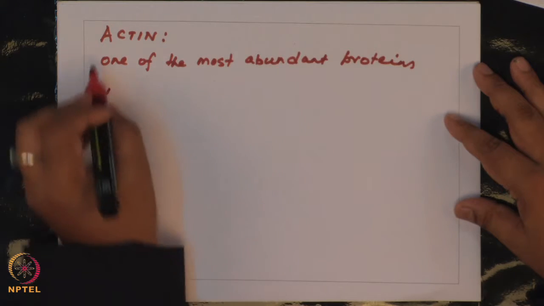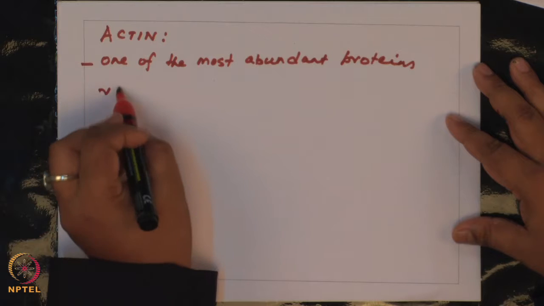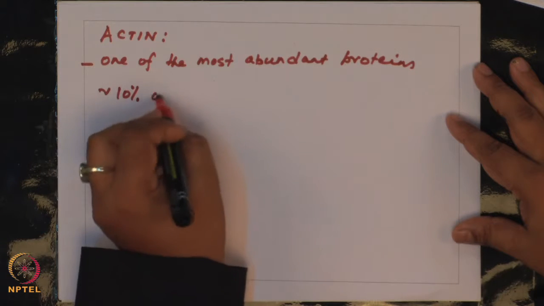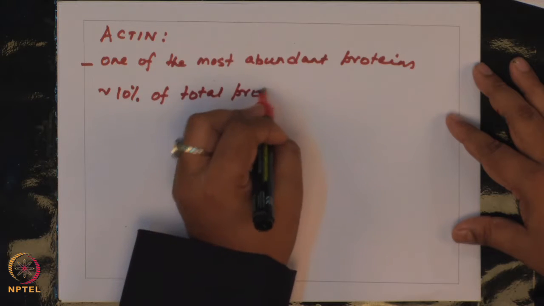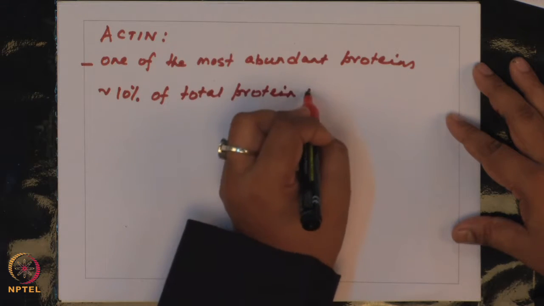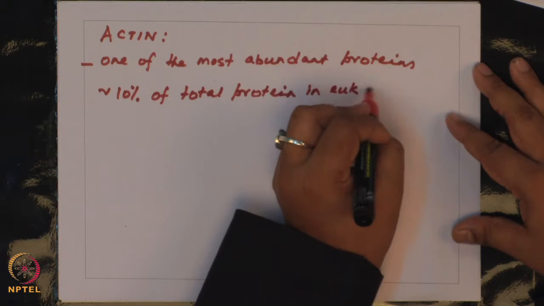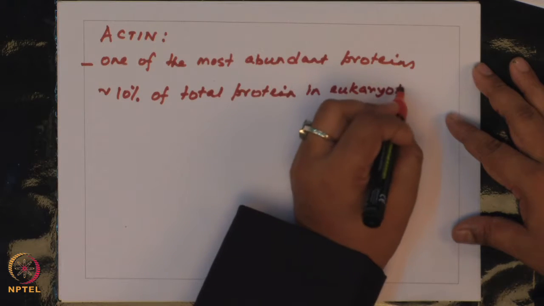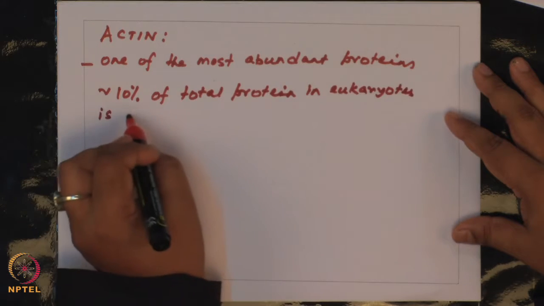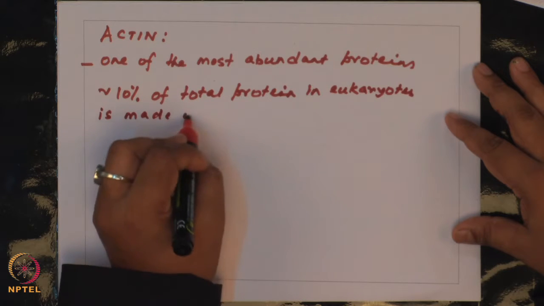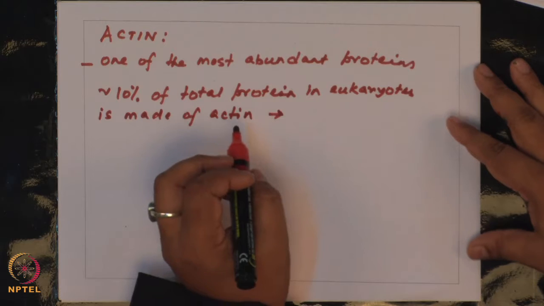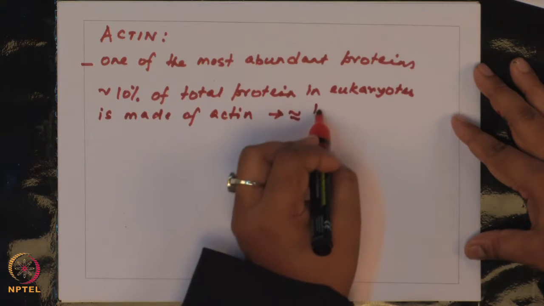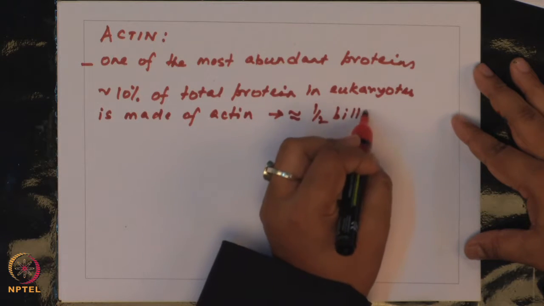Roughly 10% of the total protein in eukaryotes is made of actin. Okay. So, this amounts to roughly 500 million molecules.